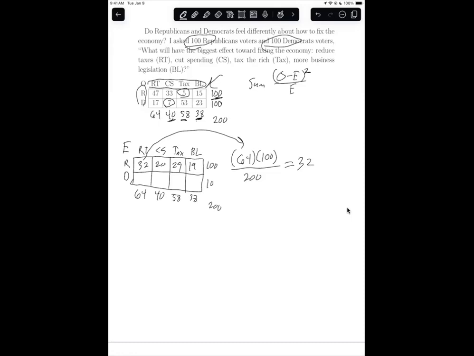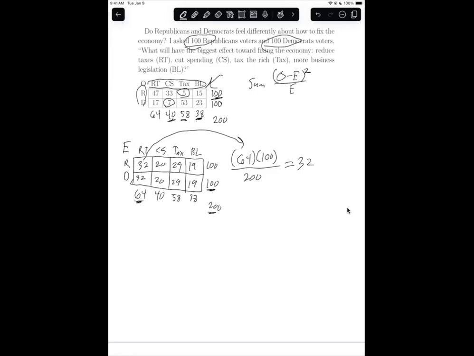Now, because the sample sizes are the same in each sample, both of these rows are going to be the same, because again, it's going to be 64 times this 100 divided by 200. So I'm going to get 32, 20, 29, and 19.